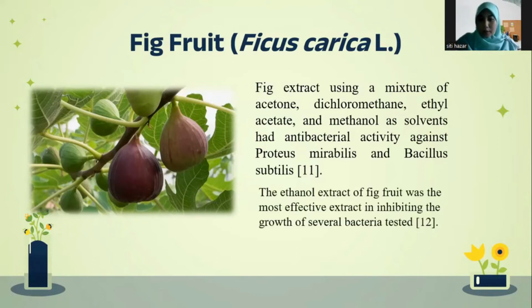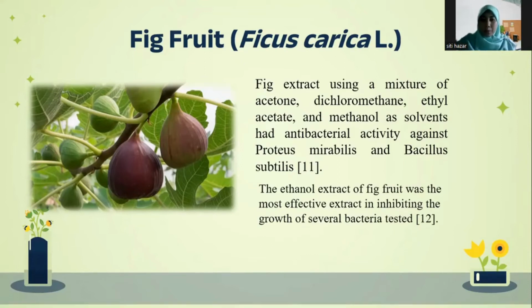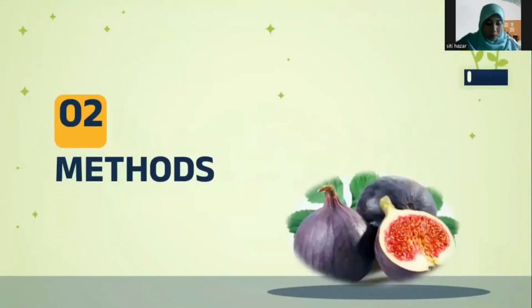The ethanolic extract of fig fruit was also the most effective extract in inhibiting the growth of several bacteria. Therefore, this study aims to test the antibacterial activity of fig ethanolic extract against bacteria that cause diabetic wounds.